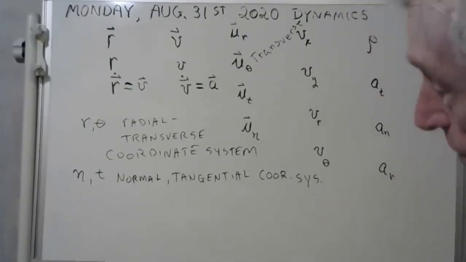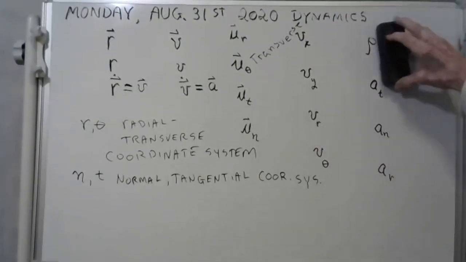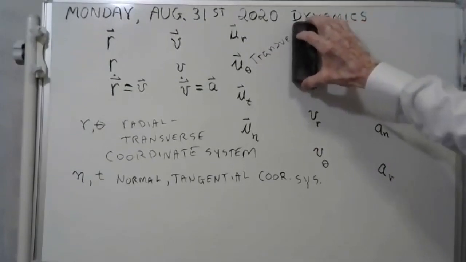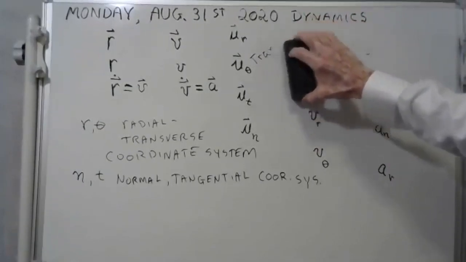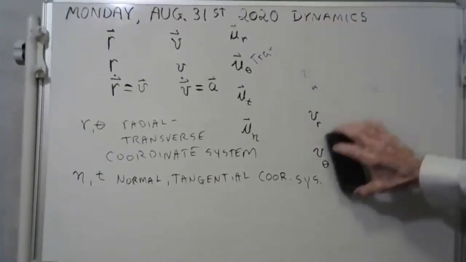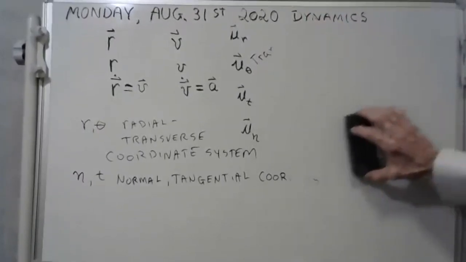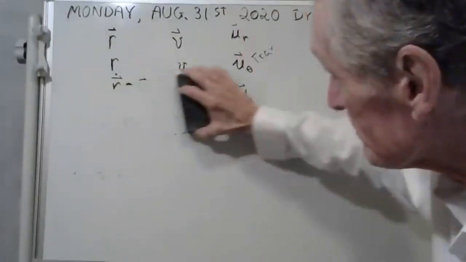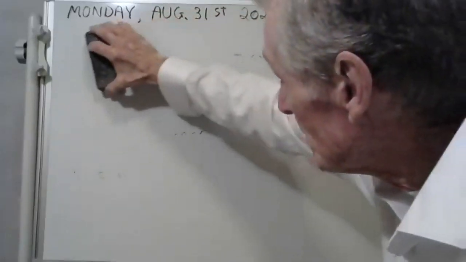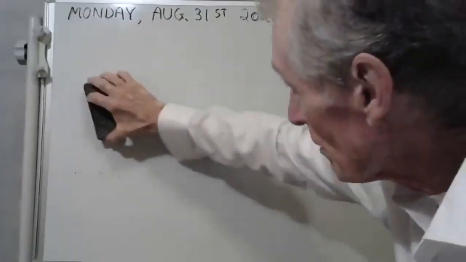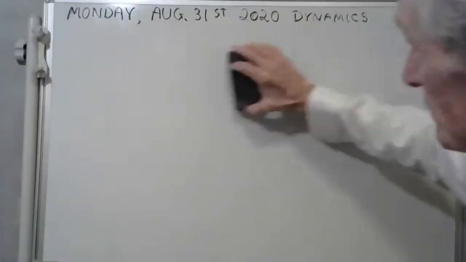Okay. Well, if you don't have any questions, we're going to talk about the radial transverse coordinate system now and work some problems. That'll be fun.